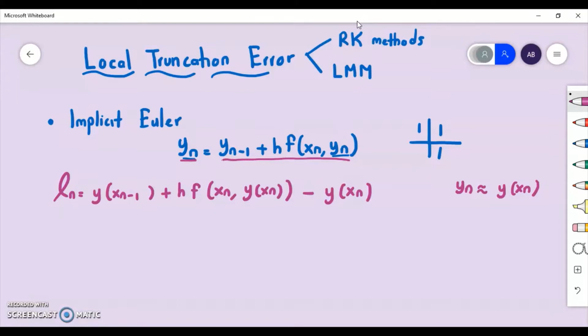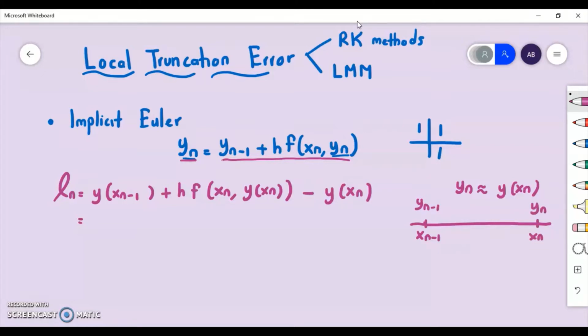Now, y at xn minus 1 is the initial value. If I have a line here, I have xn minus 1, yn minus 1, and I have xn, yn.